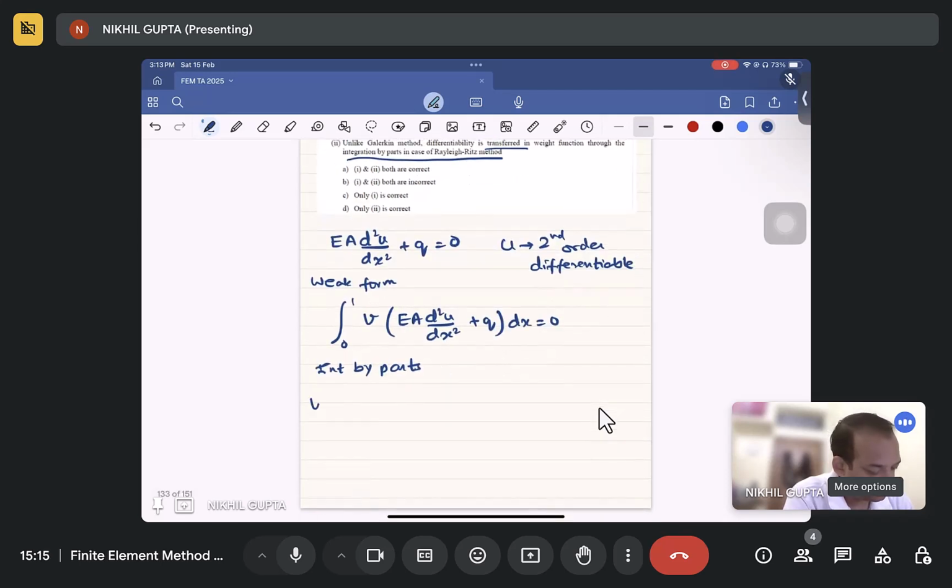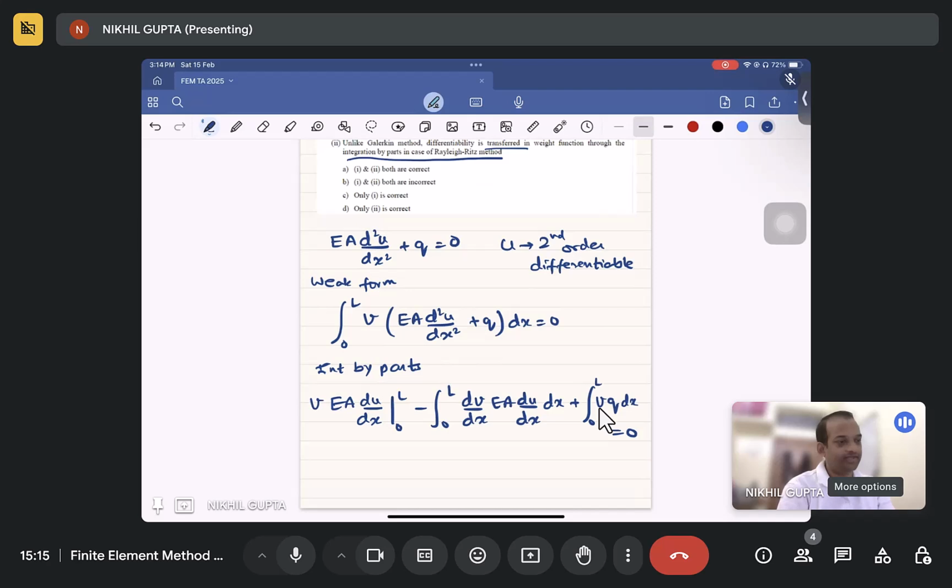You will get v EA du by dx from 0 to L, minus the integral from 0 to L of dv by dx EA du by dx dx. I'm just applying the integration by parts formula. Plus the integral from 0 to L, here it should be L, of v q dx, and this equals 0.